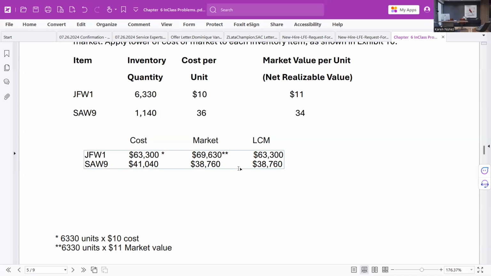Okay, so when we apply the LCM to each inventory item, this is how we would report each inventory item and, of course, our total. The total that would be on the balance sheet is going to be the 102,060.